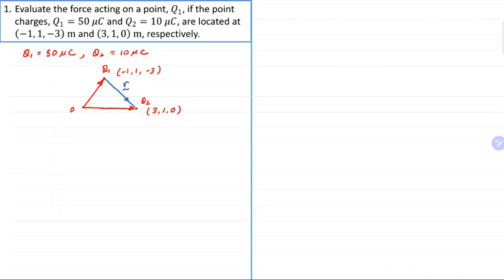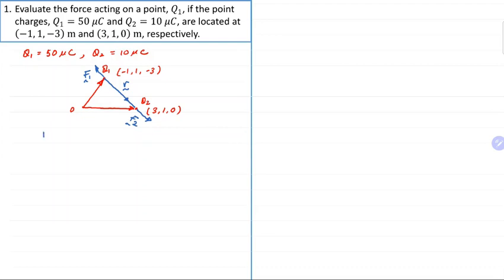And then we define our force F2 and our force F1. So now we can work out the vector R between the charge Q1 and Q2.